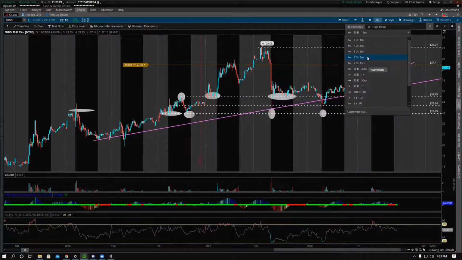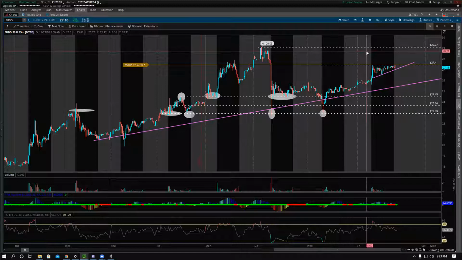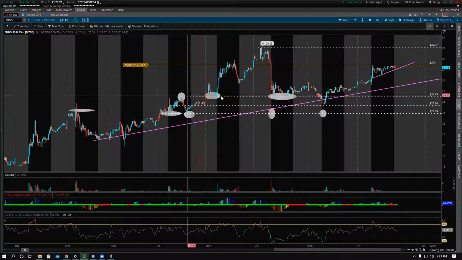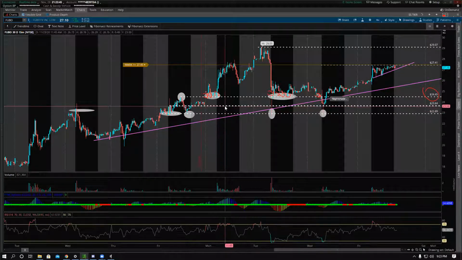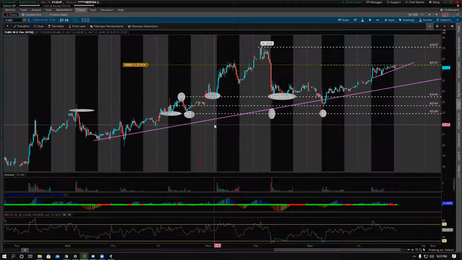Your good lines are going to be as long as the amount of time that a stock tests that level. For example, this line over here, this 24.45 line, is an excellent line, because we bounce off here one, two, three, four, five, six, seven times. If you look right here, we dip below it, it aggressively bounced back up.